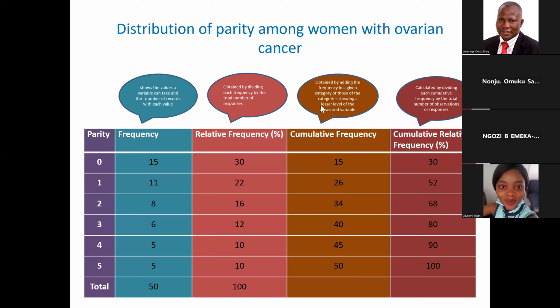Now, the major problem with this frequency is that, assuming another person did this work and there are 150 people instead of 50, how do you compare? If here para 0 is 15 people, and out of the 150, para 0 is 25, how do you compare? You cannot just say 25 is more than 15. You have to say 25 out of 150 is smaller than 15 out of 50.